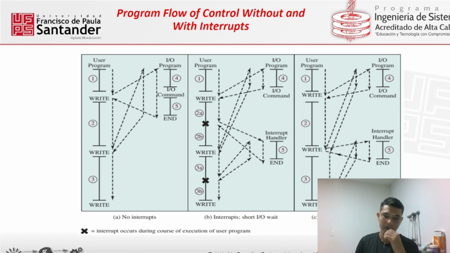This I/O program mainly consists of preparation code and an I/O command. After executing this instruction, control returns to the user program. Meanwhile, an external device is busy transferring data between the computer's memory and performing the printing.